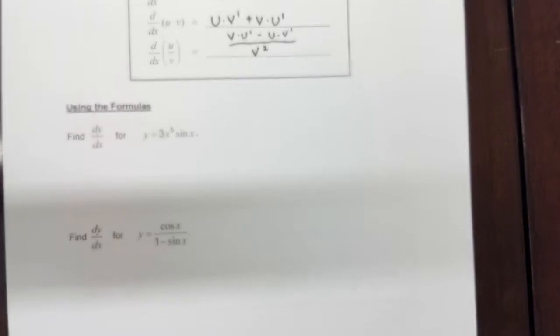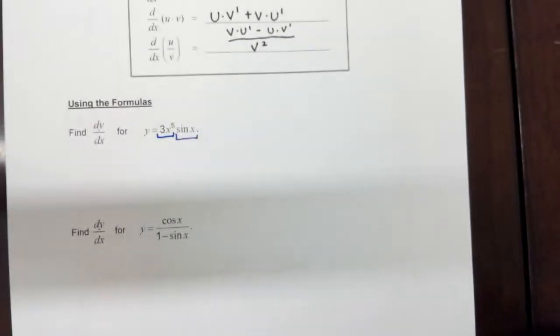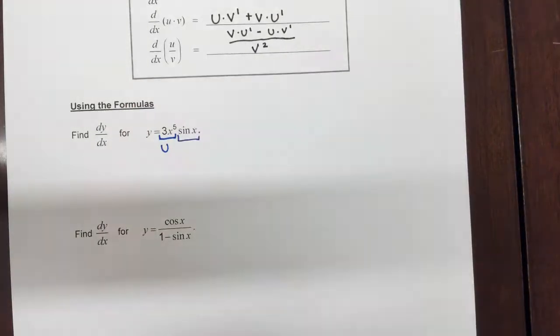So for the first problem, we have 3x to the 5th times sine of x. So here we have two functions multiplied by each other. So our first function, the 3x to the 5th, I'm going to call that u, and sine x I'm going to call v.